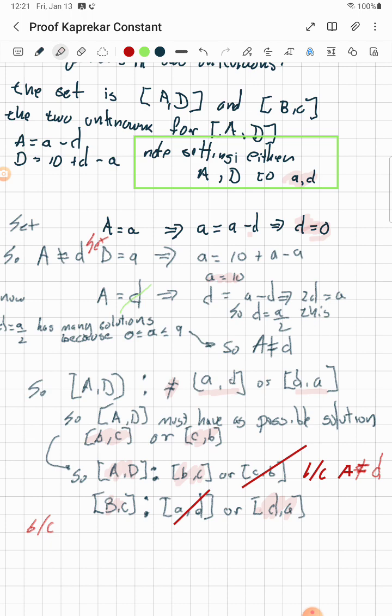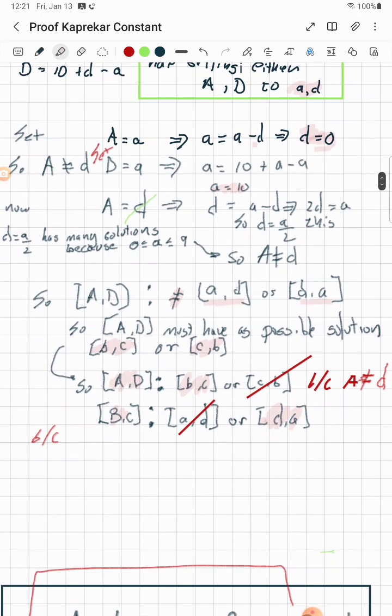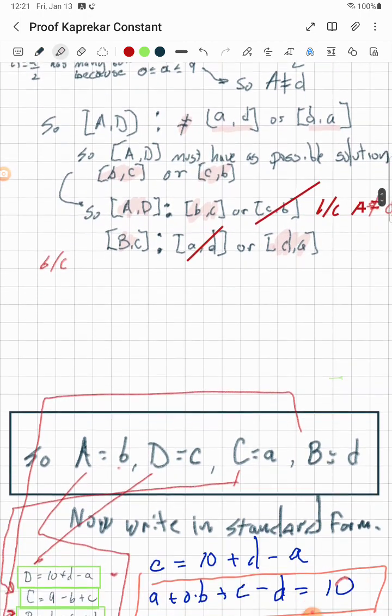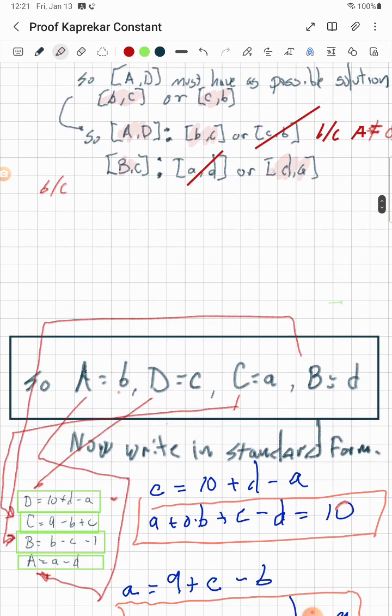Now we have to have a system of equations that actually solves for those numbers such that it'll always come out to be 6174. So if I let A equal B and D equal C, then let's say capital B here is equal to D. You can see it here, from here to here.